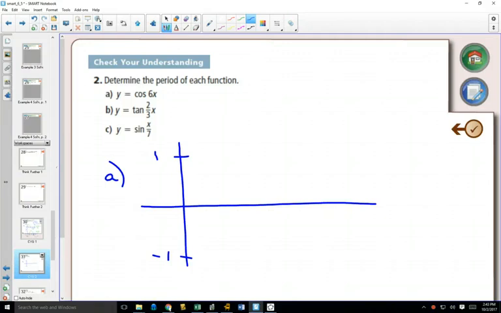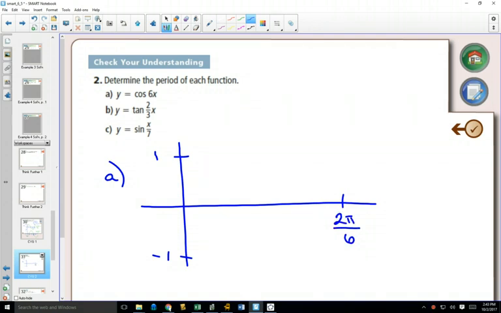Now the period is normally 2 pi. What will the period be now that you've compressed it by 1/6? It's going to be 2 pi over 6, which is pi over 3.